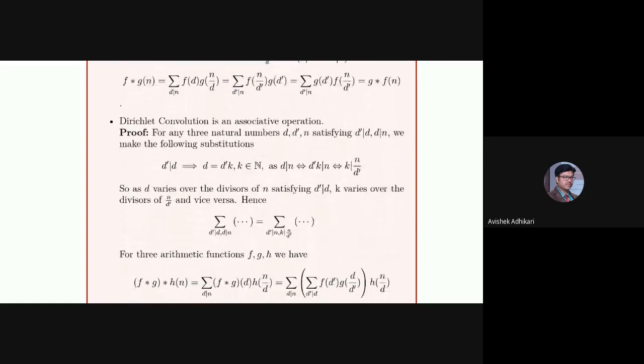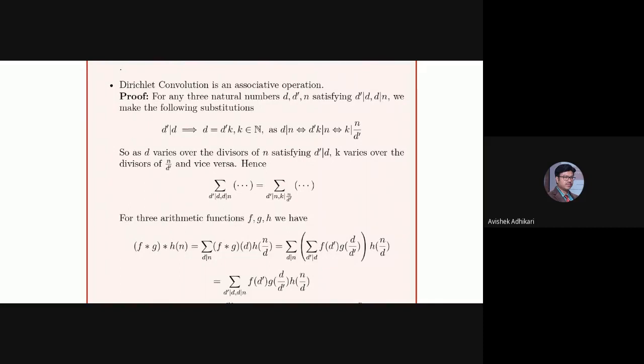Now, is this associative? For that, we consider a couple of variables. Let us say that d' is a number which divides d, and d divides n. From that, what can we say? d' divides d, so we can write d as d' k, where k is a natural number.